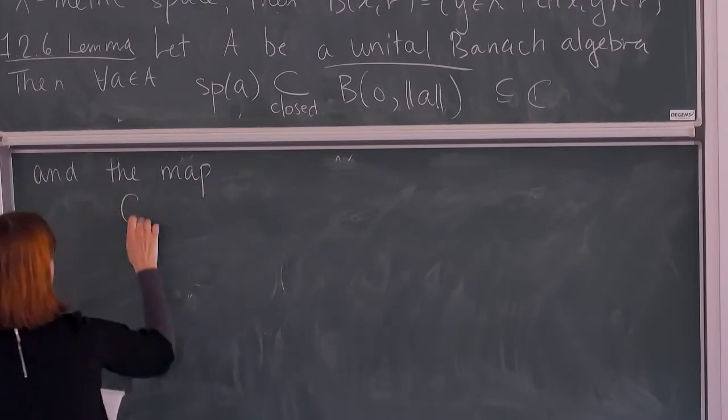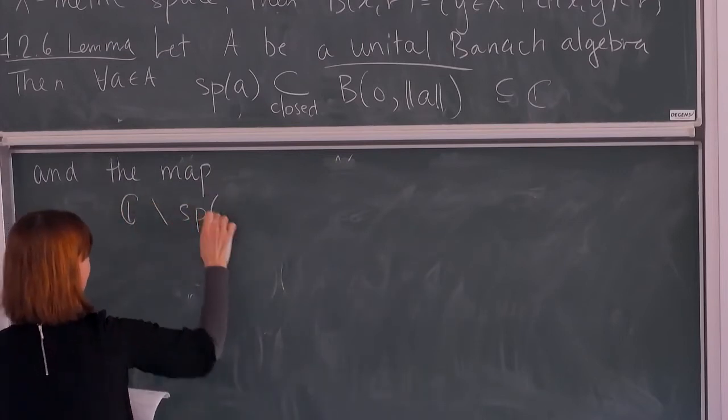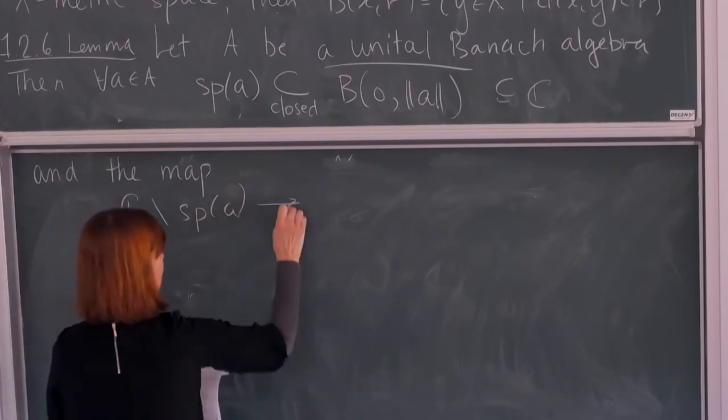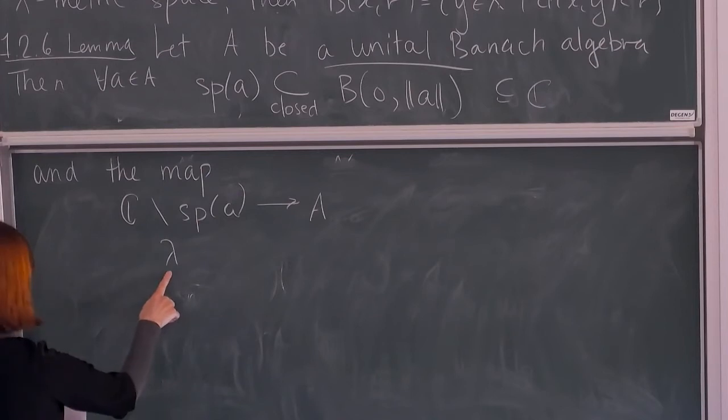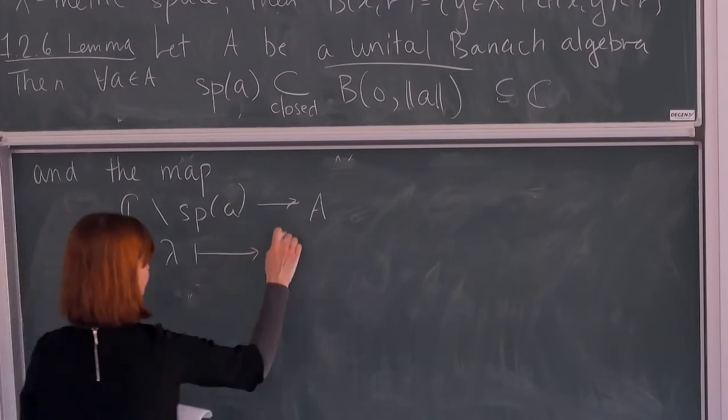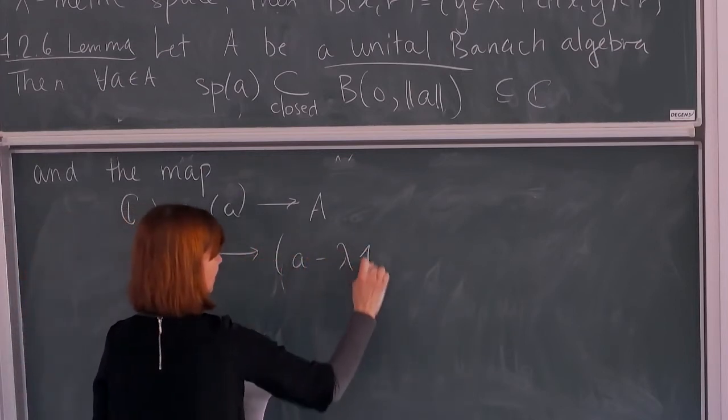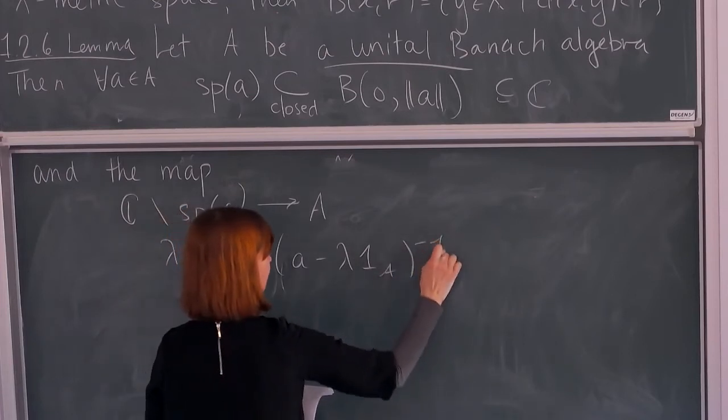So this will go from the complex numbers minus the spectrum of A, taking a complex number lambda to the inverse of A minus lambda 1.